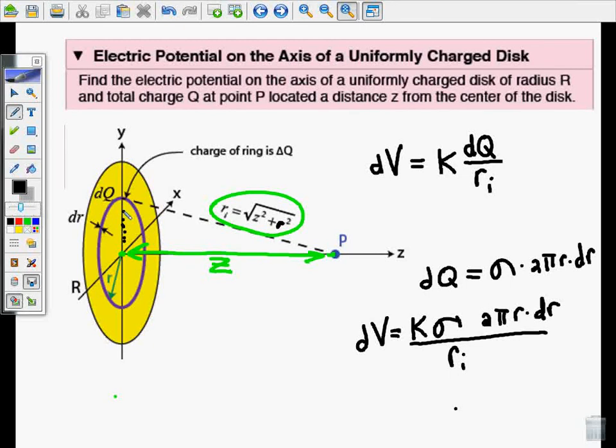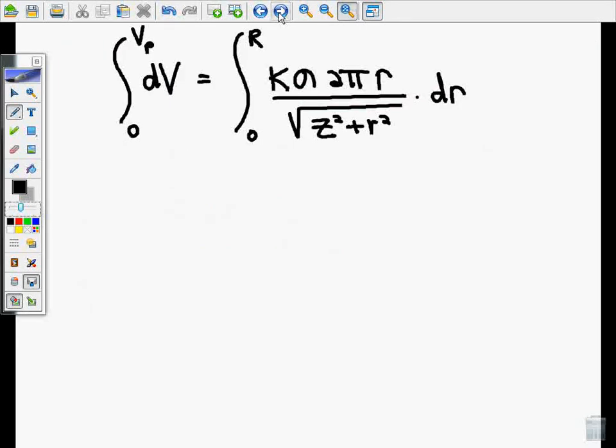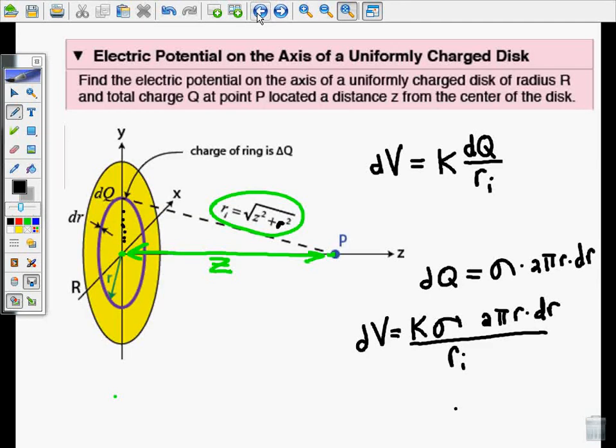Where'd you get the sigma? Well, we had to change the charge. So charge is equal to the surface charge density times the amount of area right there.